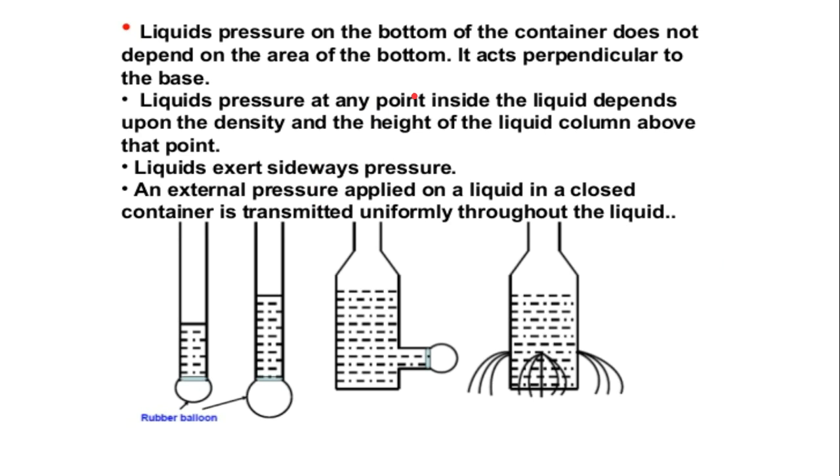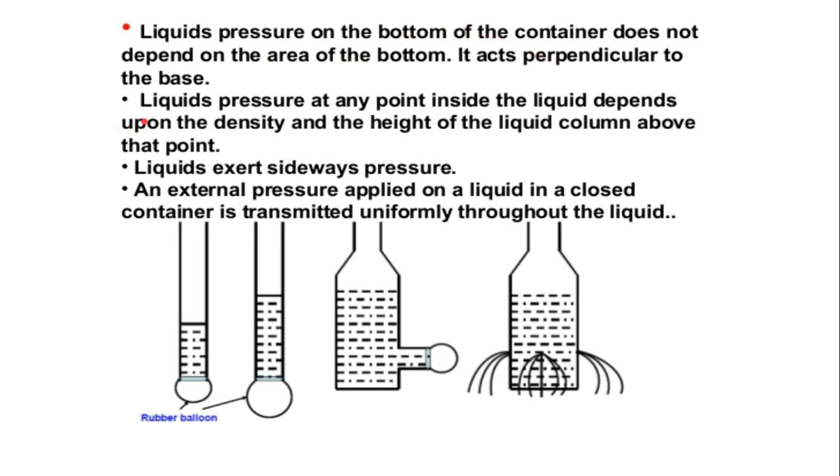Let us study the characteristics of liquid pressure. Liquid pressure on the bottom of the container does not depend on the area of the bottom. It acts perpendicular to the base.